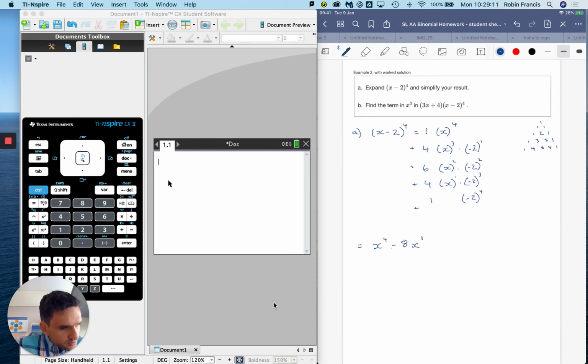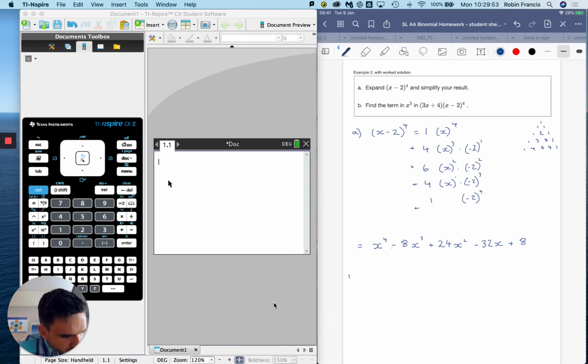Then we've got, if I look at the next line down, 6 multiplied by negative 2 squared, so 6 times 4, 24x squared, and then 4 times negative 2 to the power of 3, which is 4 times minus 8, which is going to be negative 32 x to the 1, and minus 2 to the 4 then is going to be plus 8. So there's my first part A done.